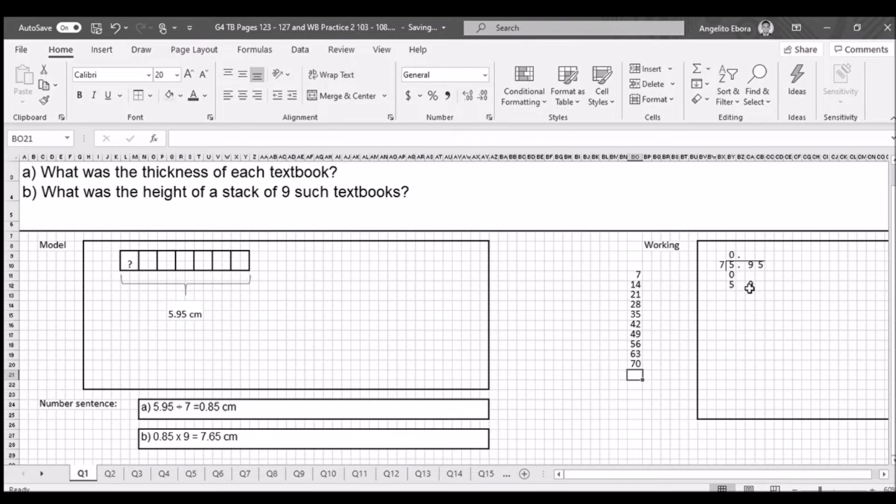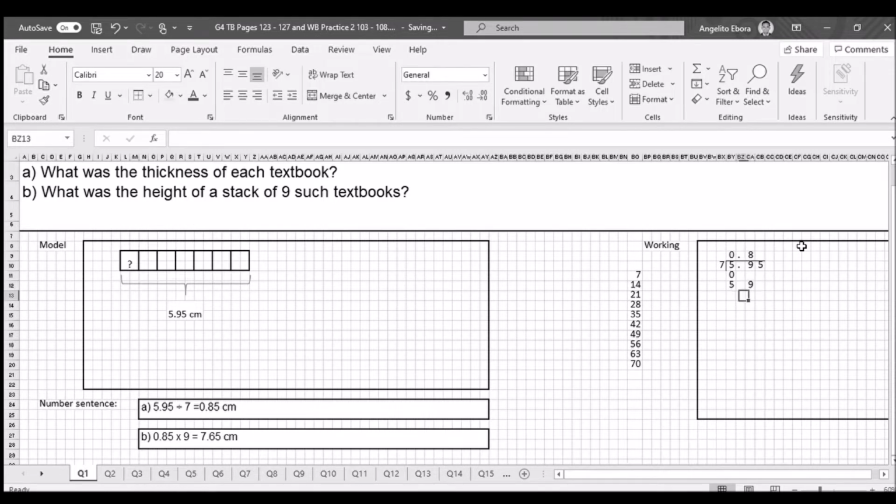We're going to divide 59 by 7, and we cannot use more than 59. Instead, we can use less than 59. Is it 49? Oh, 56. We have 56 here. So you just have to count 1, 2, 3, 4, 5, 6, 7, and then 8. So 59 divided by 7 is 8. We put that 8 on top of the digit that we use, which is 9.